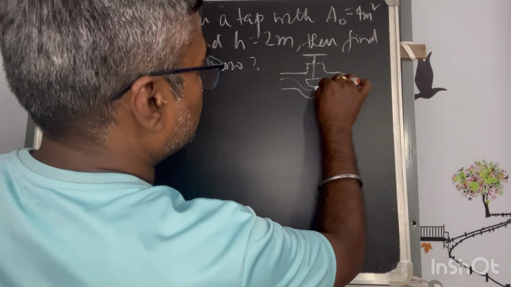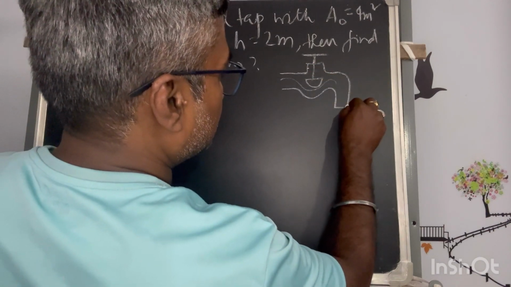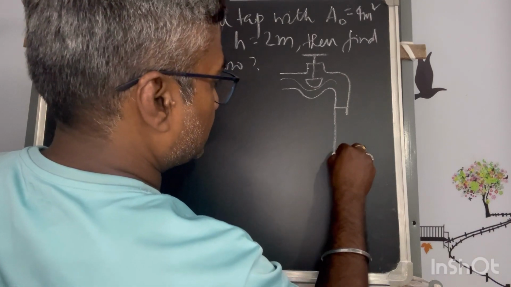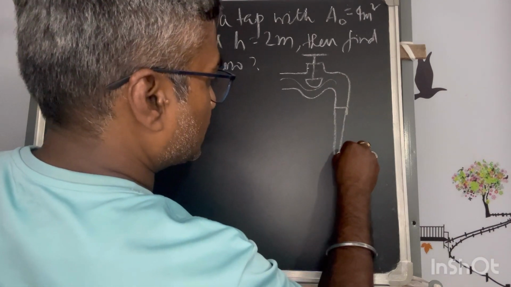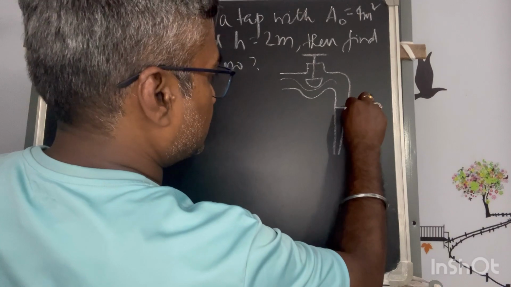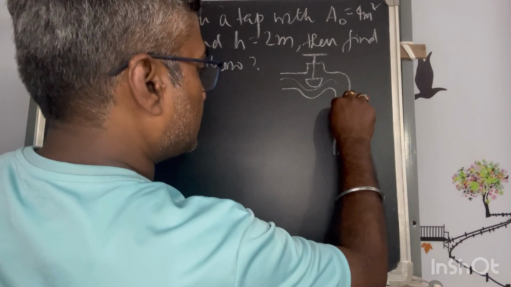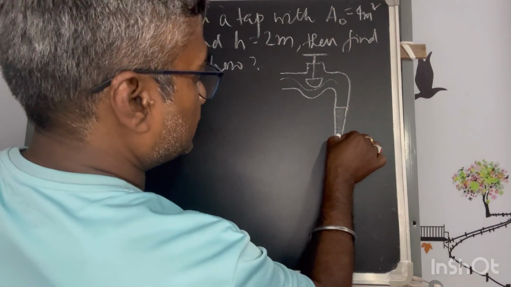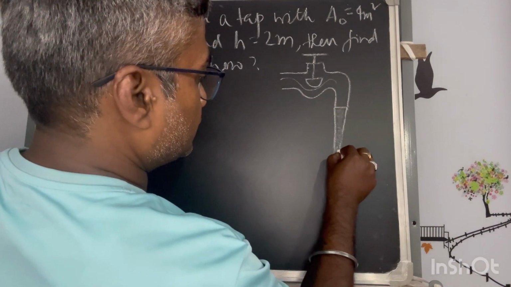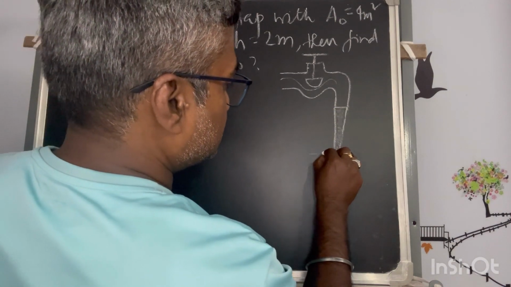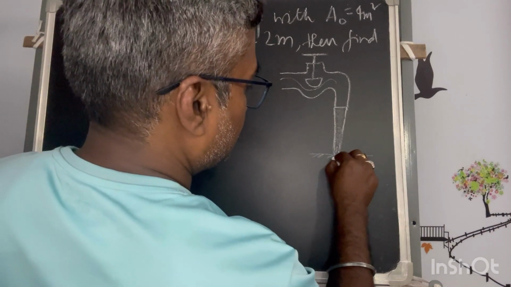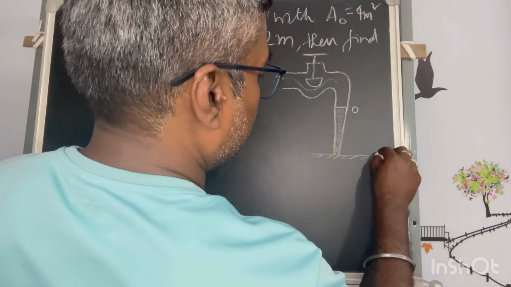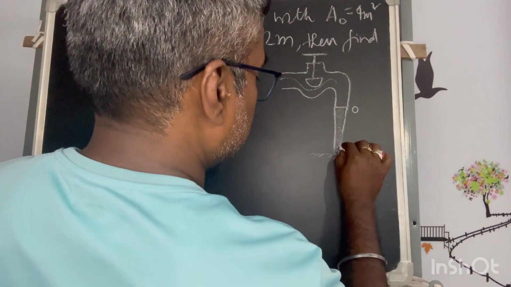The water is flowing through it, and after some time, due to the natural tendency of the water, the stream is reduced. Let's say this is our reference frame, this point is 0, and this point is 1 where it is dropping.